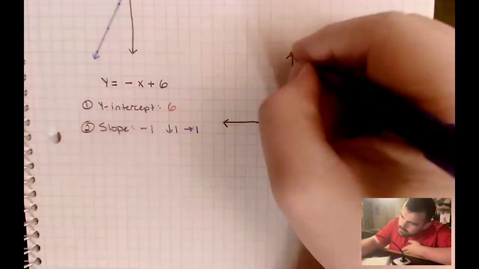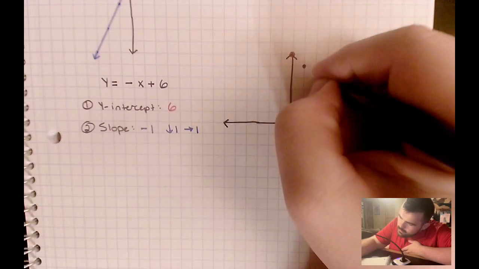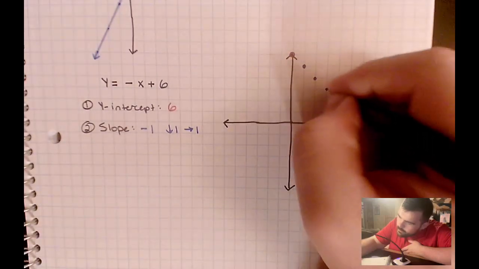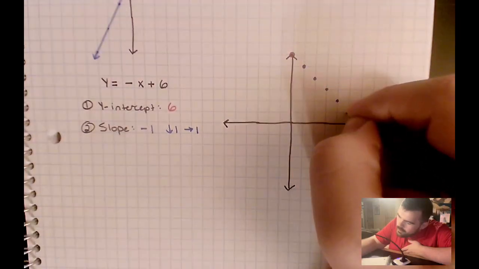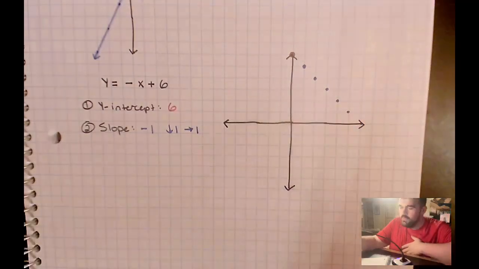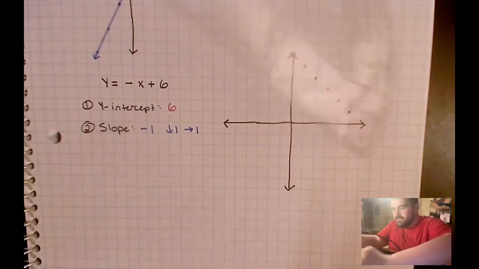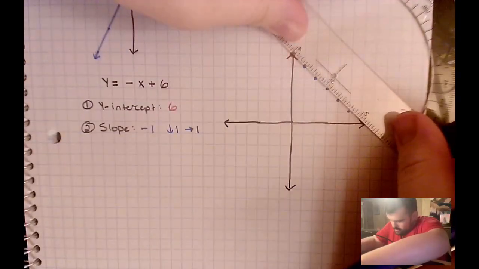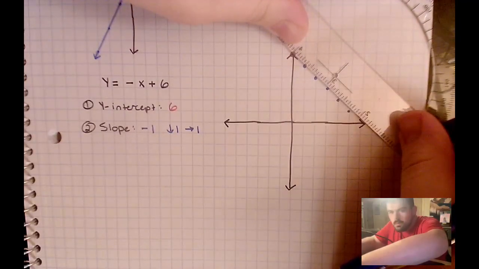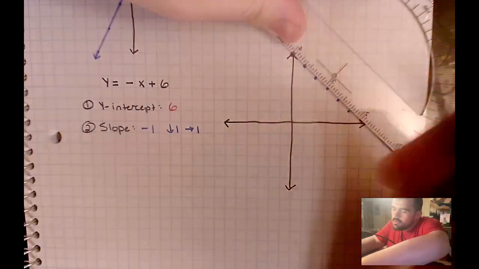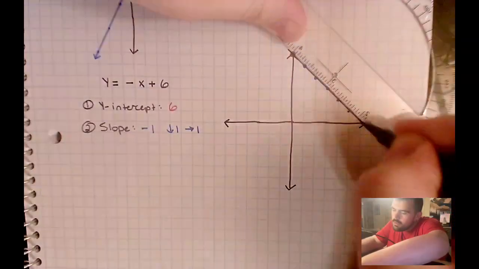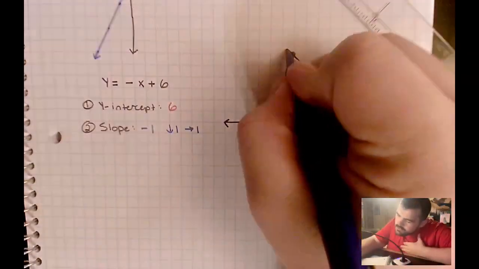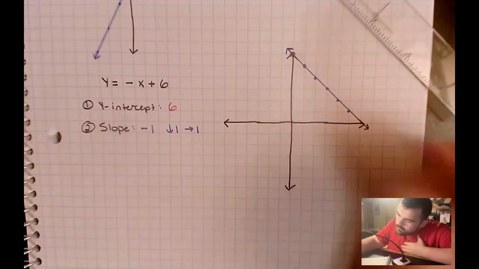So down 1, right 1, down 1, right 1, down 1, right 1, and so on. And at that point, I'm pretty much hitting the edge of where my graph is. And so there is my line.